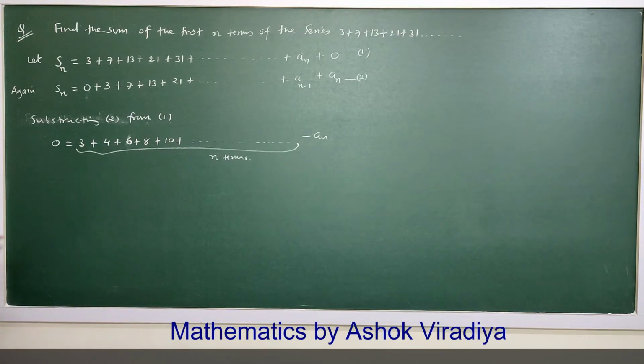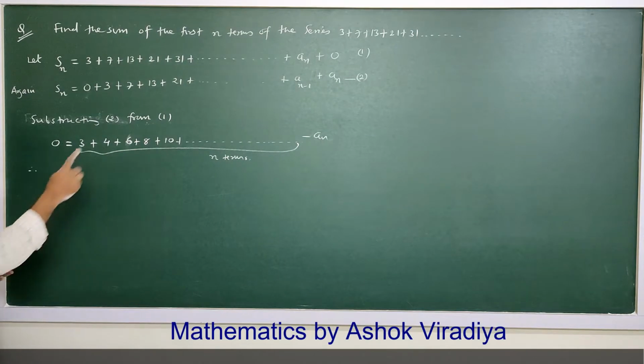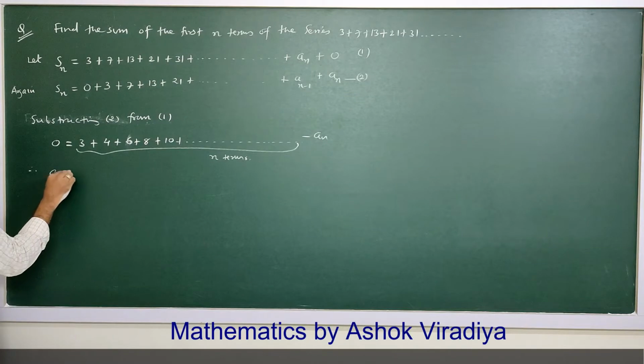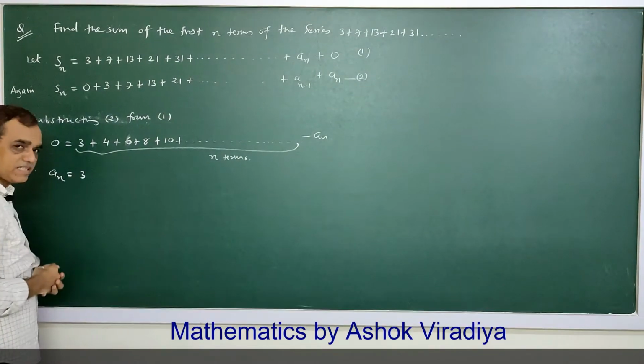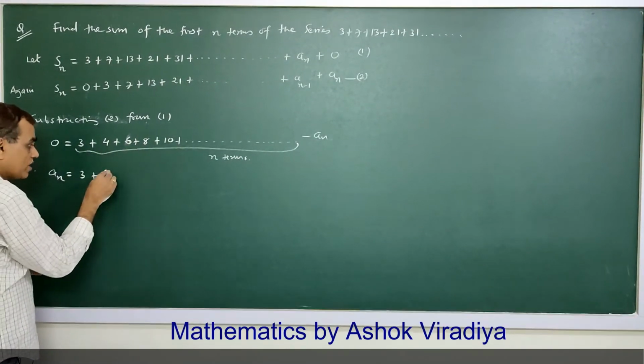So next step is, now minus an I am taking on this side. So plus an equal to 3, first term keep as it is, plus, now 4 onwards keep in bracket.